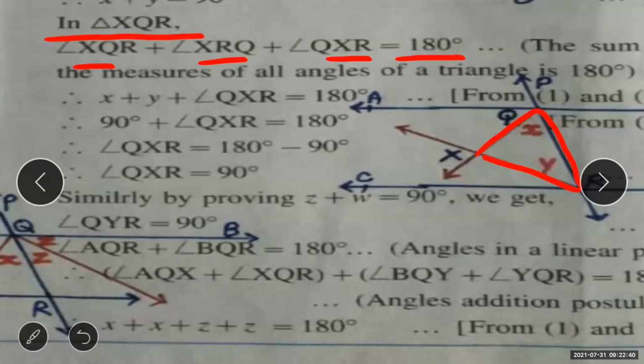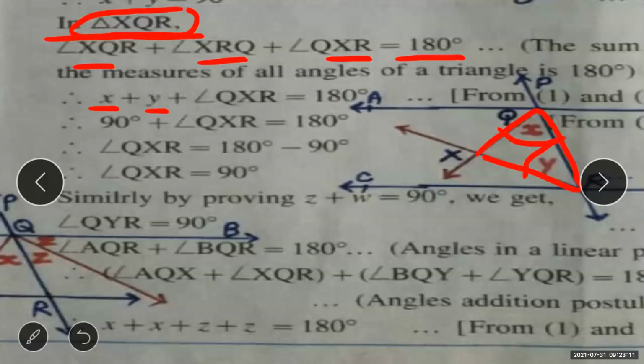So we took this triangle QXR, and all three angles of the triangle together are 180 degrees. We write that step. Now put the value for each one. For angle Q, we have the value x. For angle R, the value is y.